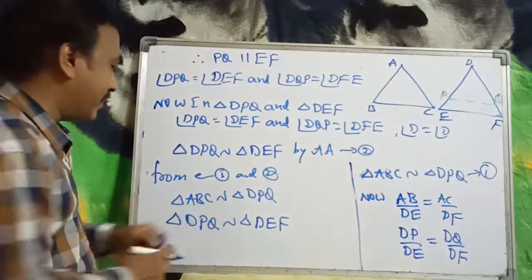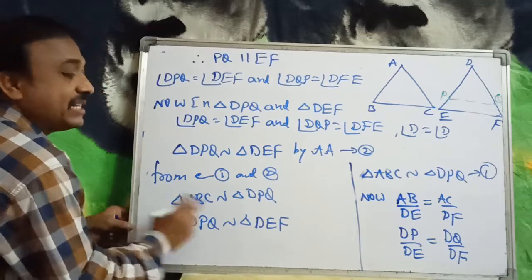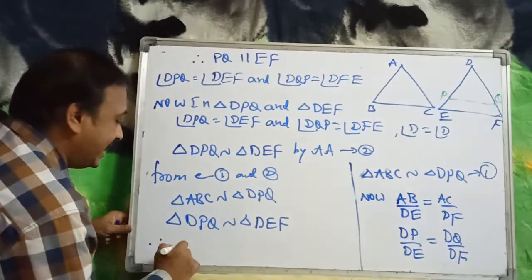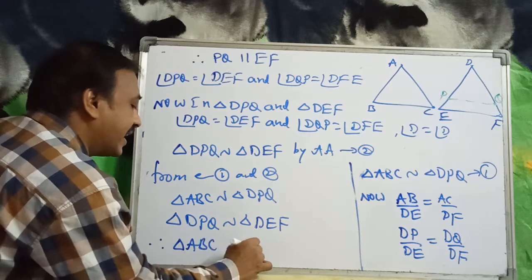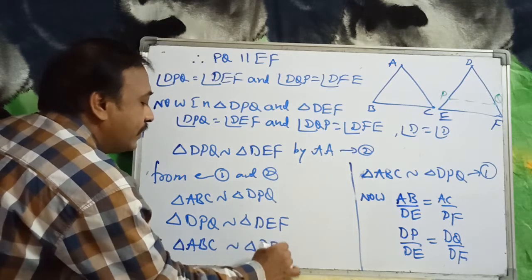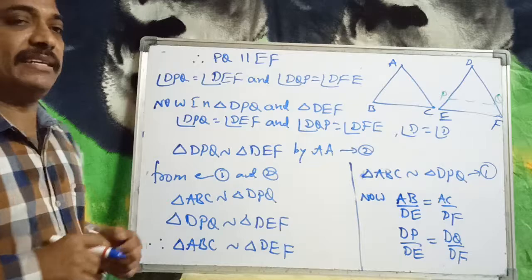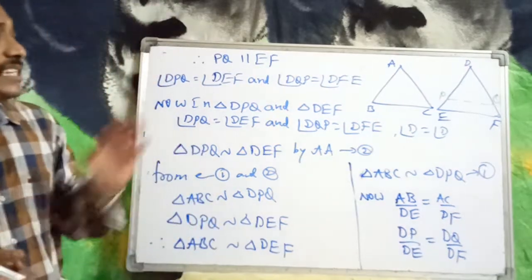So from these two, what can we say? Triangle ABC is similar to triangle DEF. This is by SAS similarity.